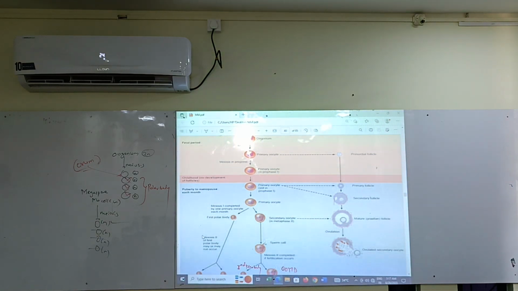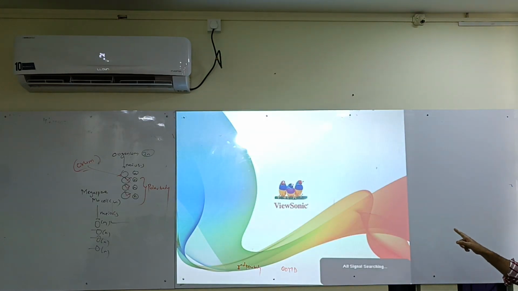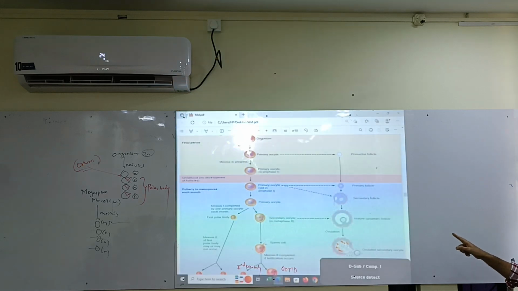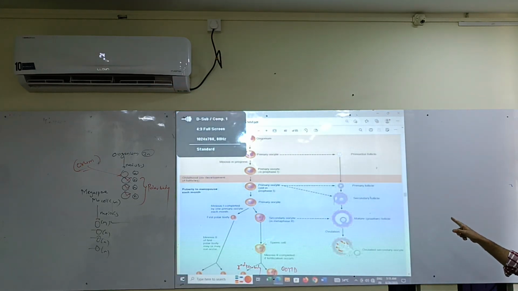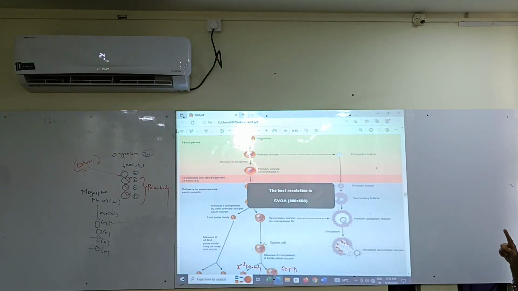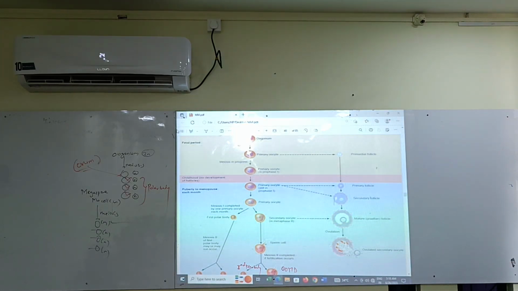Each primary oocyte then gets surrounded by a layer of granular cells and is called the primordial follicle. Yes or no? The primordial follicle will result in the formation of which follicle? Primary follicle. Now listen to this beautiful point.